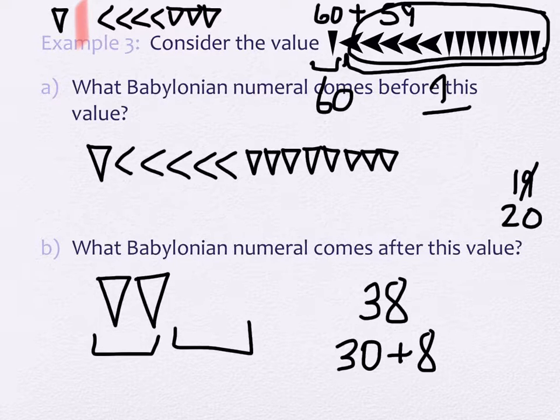Just practically speaking, what they obviously would do is that if you went from a larger symbol, this is worth 10, to a smaller symbol before it, that definitely indicates a place value change. So even without a space there, that would have to be a place value change. But you can also imagine that this would be awkward if you had, say, a 1 here and a 1 here.